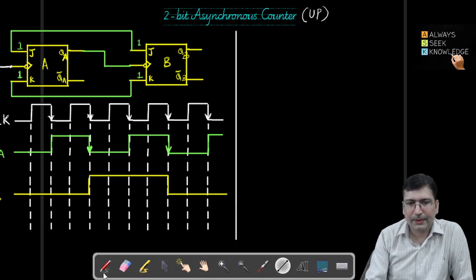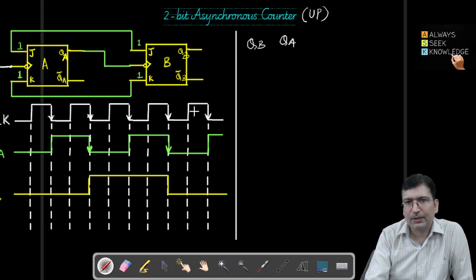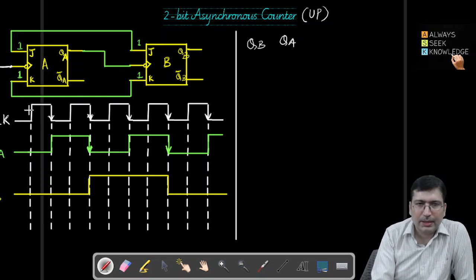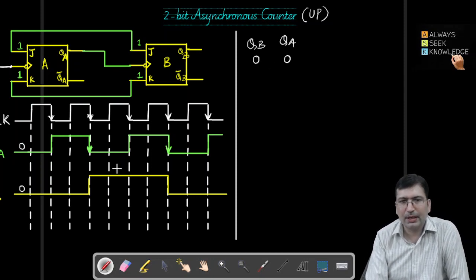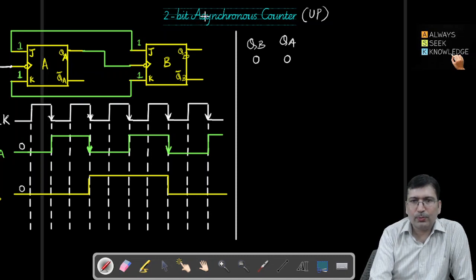Okay. So if this is MSB and this is LSB, the combination you can represent like this. So let's say here it is QB and it is QA. So the combination when you write in the very first pulse, QA is 0 and QB is also 0. So the very first pulse will give us output as 0 0 because we are considering QA and QB as the output of the counter.